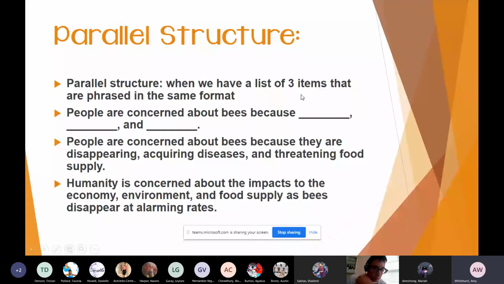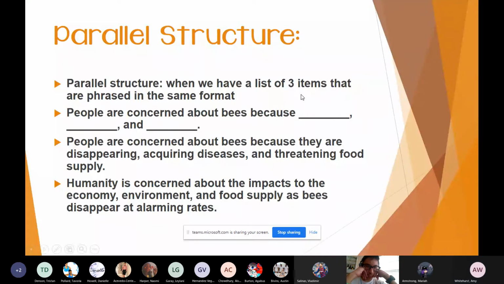So sometimes you guys have maybe realized that it's difficult to fit all 3 reasons in one sentence because it just seems so wordy, right? Again, it will flow much better if we have parallel structure. And some of you are already commenting that you've done this and it makes sense.